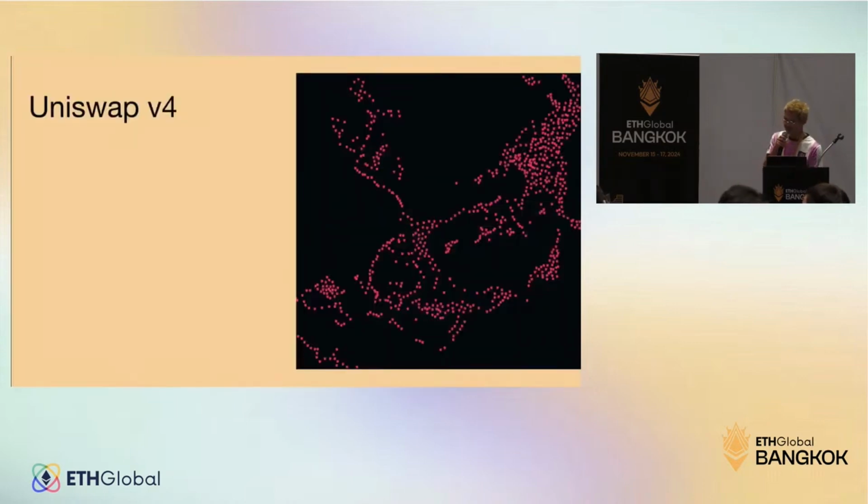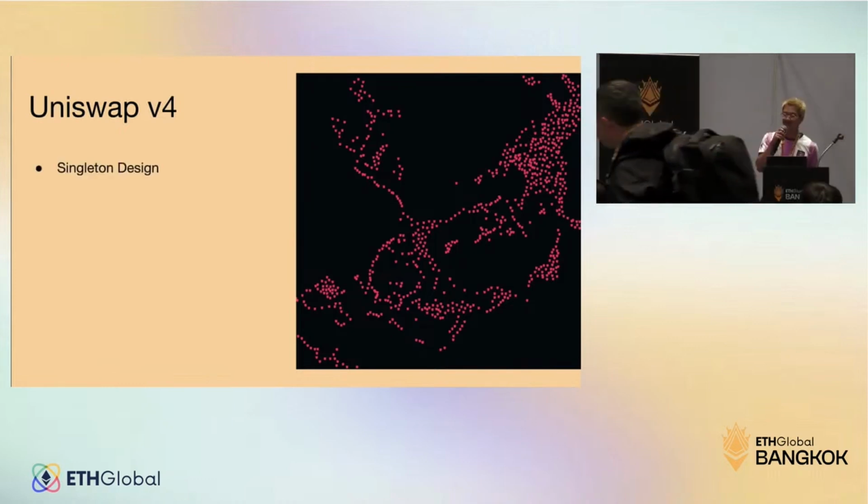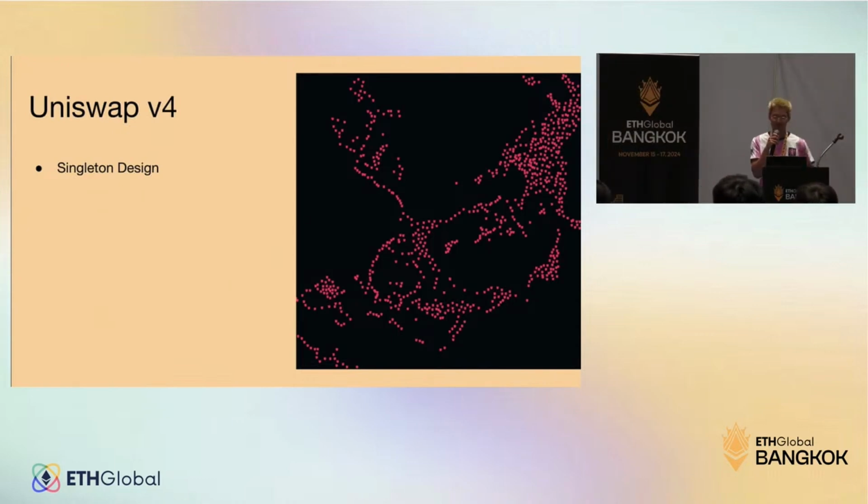Okay, quickly. So v4 is more than just hooks. It's a big feature in v4, but we have a singleton design. What that means is it's a single contract where all the tokens are held and custodied by the single contract, versus the v3 design. This is a lot more gas efficient. And because of this singleton design, we have flash accounting, or some people also call it deferred balance accounting.